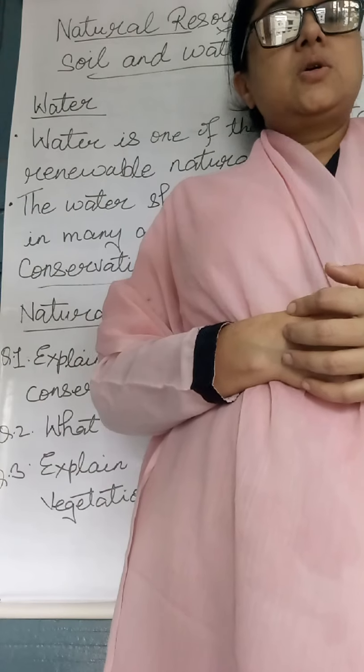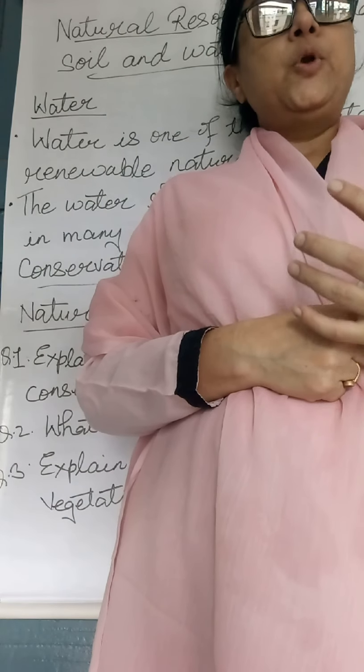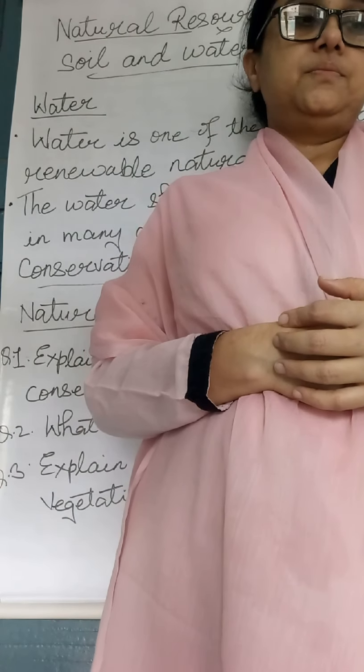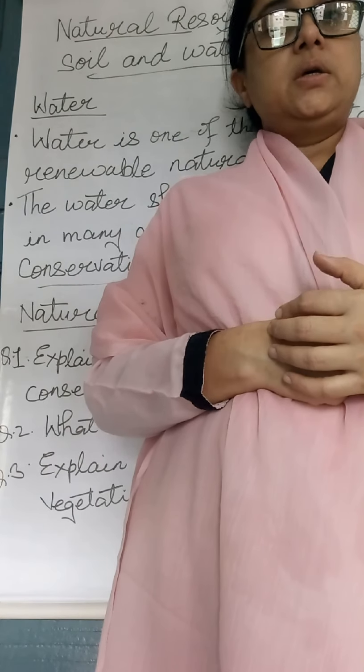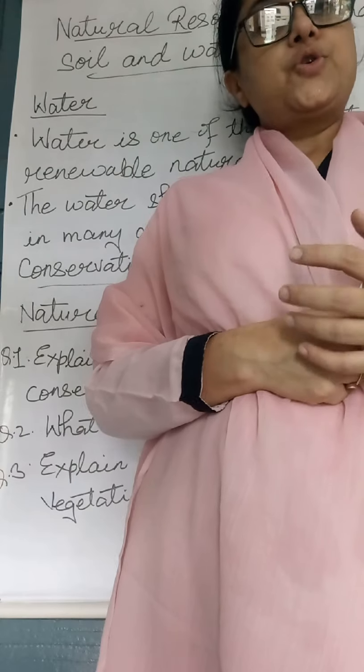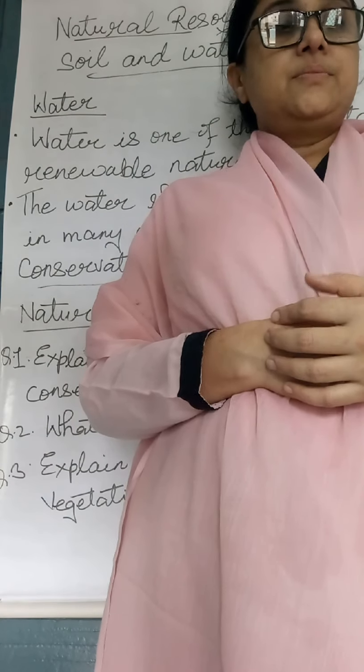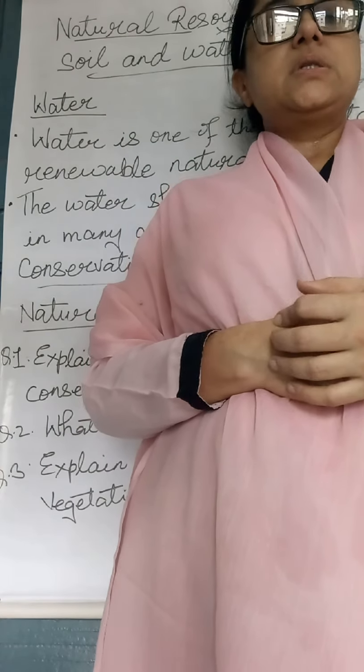The earth is often called a blue planet. Water is present on the earth in the form of oceans, seas, lakes, rivers, etc.